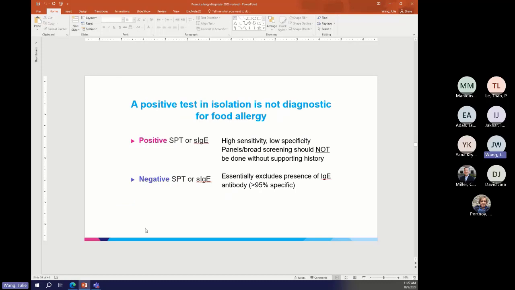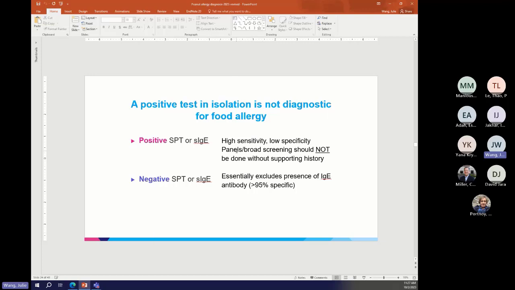And so what this means is a positive test in isolation is not diagnostic for food allergy. So again, a positive test means that you'll catch the people with real allergy, but then some extra people. And so you're going to have false positive tests.